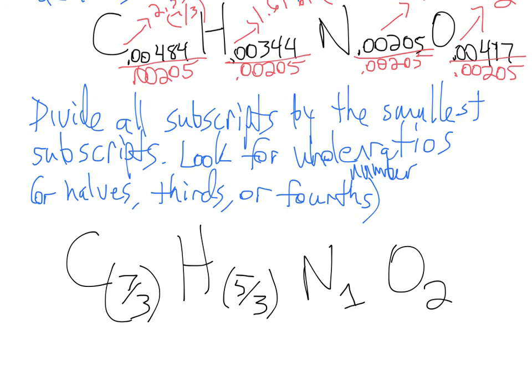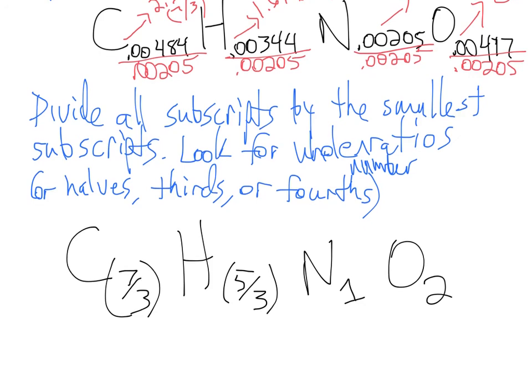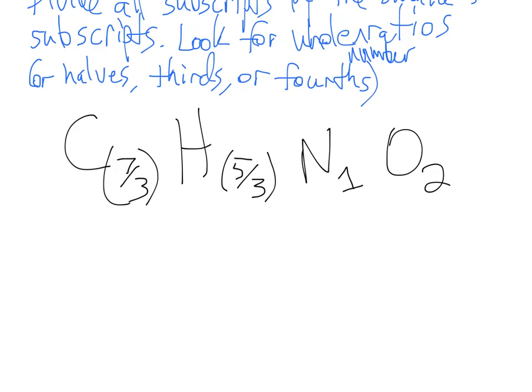Notice that the molar ratio of all the elements stays the same, whether you've written it as a decimal or as an improper fraction. As you neaten up this formula more and more, eventually you're going to get a whole number ratio in the end. But the ratio is maintained. So if you've got improper fractions in your formula, we do have to neaten that up. Let's triple all of the subscripts.